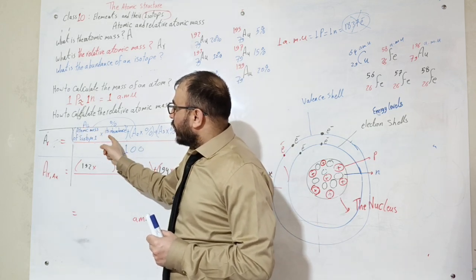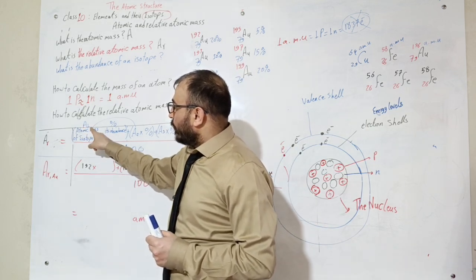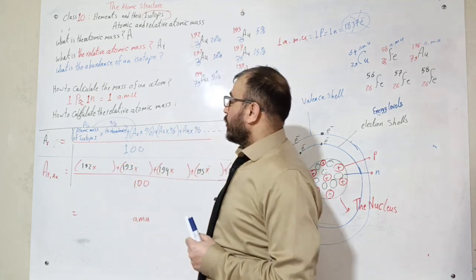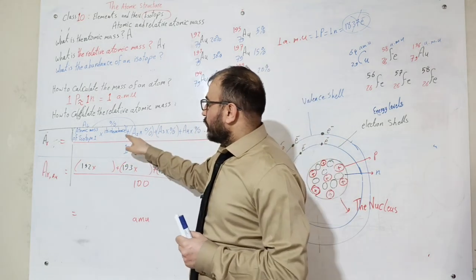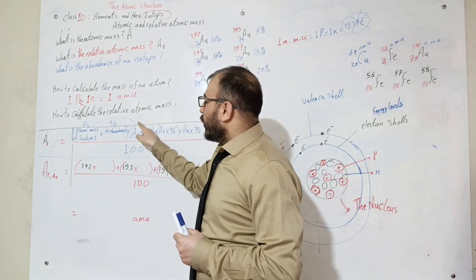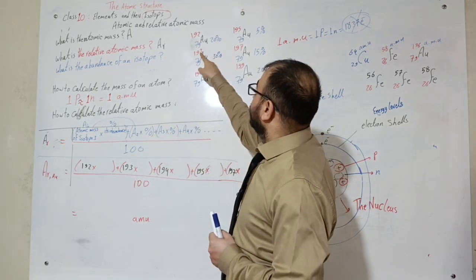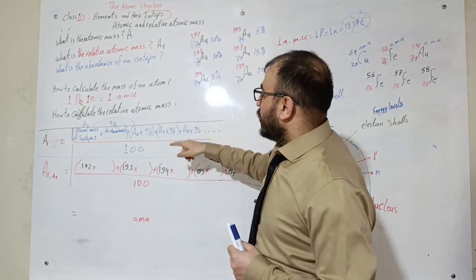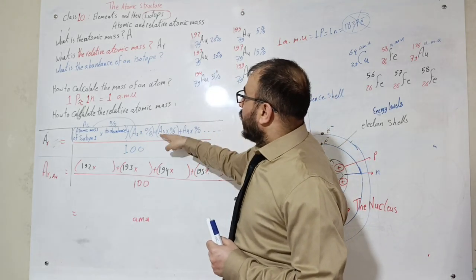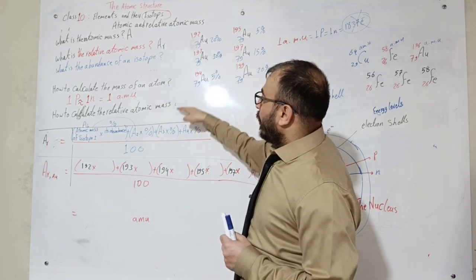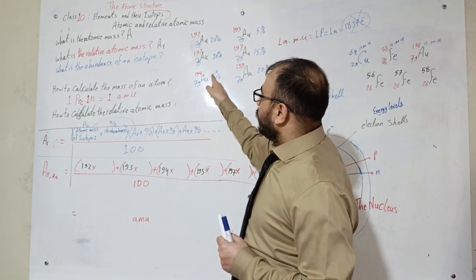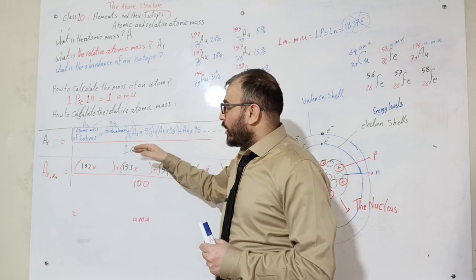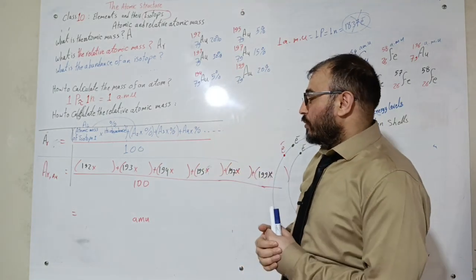Each parenthesis is the multiplication of the atomic mass of isotope 1 by its abundance or percentage. Then we have the atomic mass of isotope 2 multiplied by its abundance, then the atomic mass of isotope 3 multiplied by its abundance, and so on. Then at the end, we divide by 100.